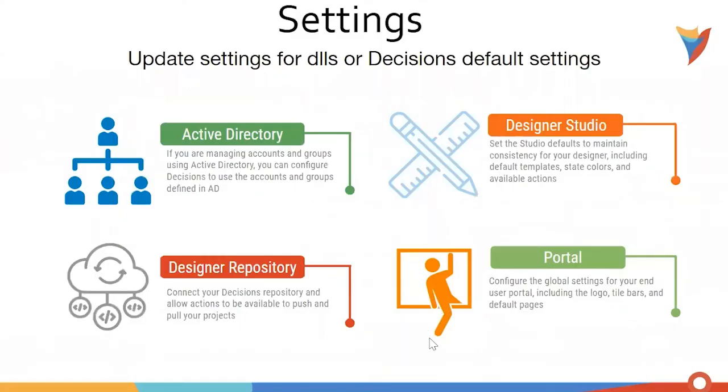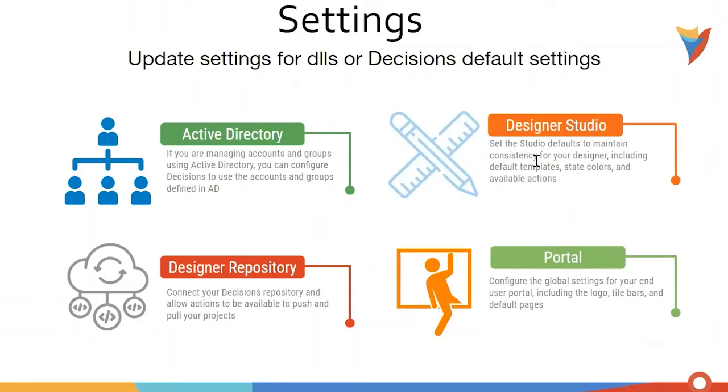So now let's move into the next one. Before we move into the next one, I would like to emphasize the most commonly used settings, which are Active Directory, Designer Repository, Designer Studio, and Portal. Active Directory manages accounts and groups, which we can configure Decisions to use from a defined AD. Designer Studio is where the settings of the studio are completely available.